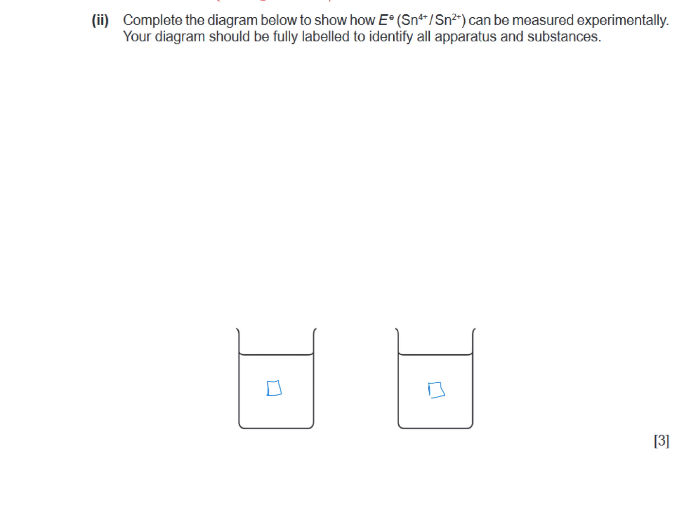And because we're measuring the potential, one half cell is going to be for hydrogen and the other half cell is going to be for tin. And this, I think, is a 3 mark diagram. Sometimes the diagram comes for 4 marks as well.